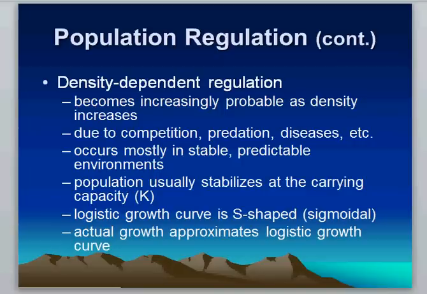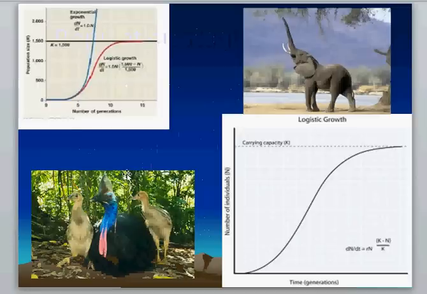The blue one is the density independent, the red curve is the growth of a density dependent species or a K-selected species. You can see it a bit better down here on this diagram. Initially the population growth is small, just like in the density independent species, and then the threshold is passed and the population starts to take off.